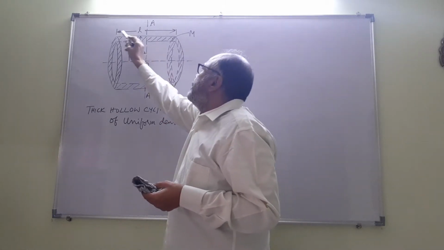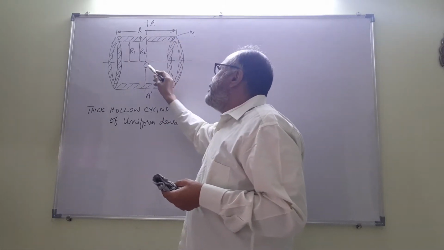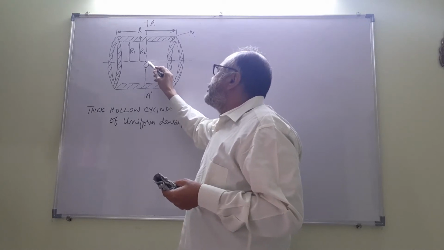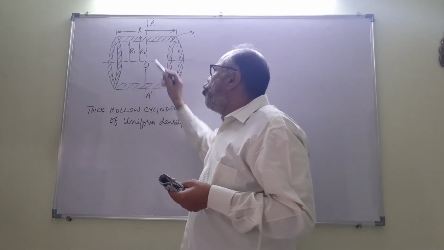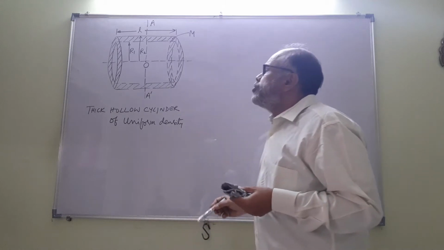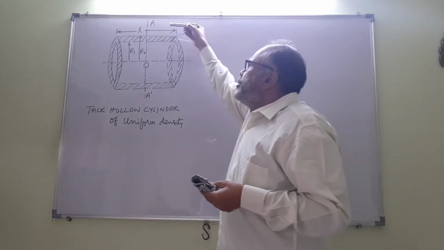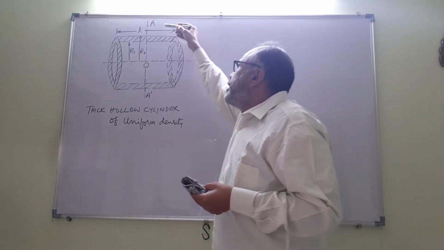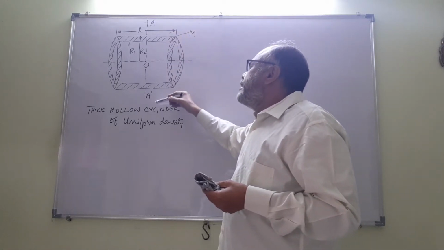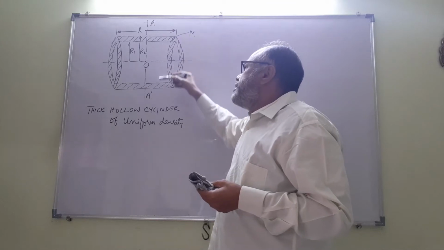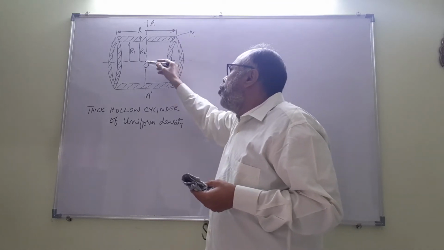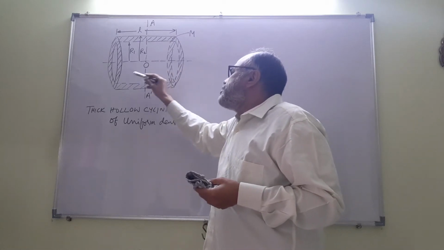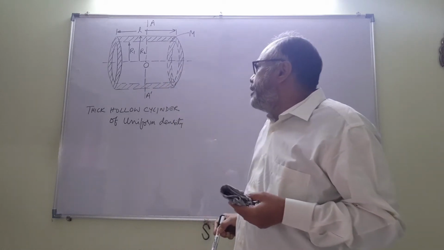The length of the cylinder is L and the center of mass of the cylinder is O. We wish to find the moment of inertia of this cylinder about an axis AA dash. AA dash is an axis passing through O and parallel to the two flat surfaces of the cylinder.